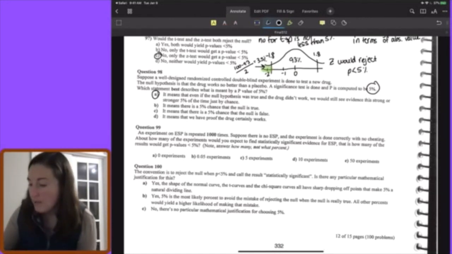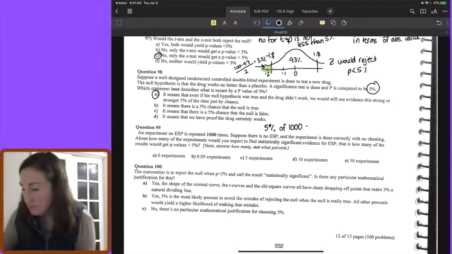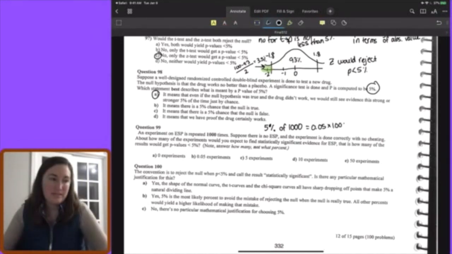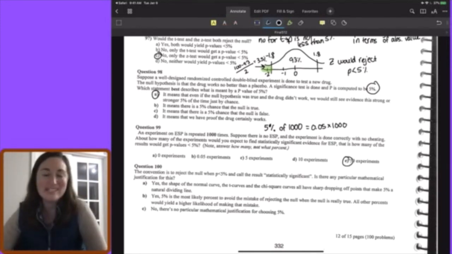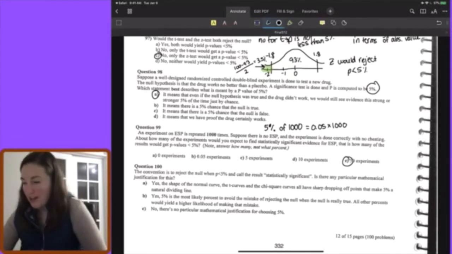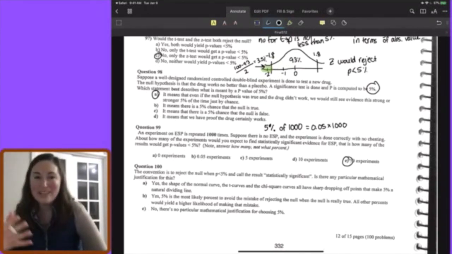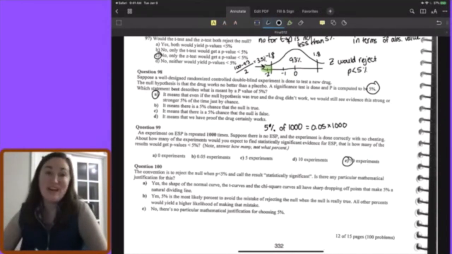So I would say this would happen only 5% of the time. So 5% of 1,000, 0.05 times 1,000, which is 50. We call that statistically significant. So beware when you do a test multiple times, sometimes you're bound to get strange results, but that only happens 5% of the time.